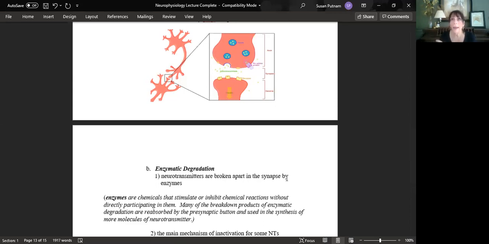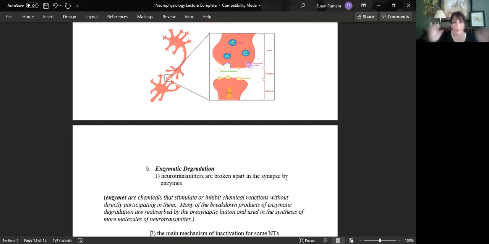So they can alter chemical reactions without directly participating in them, okay? Many of the breakdown products of enzymatic degradation are reabsorbed, again, recycling, by the presynaptic button and used in the synthesis of more molecules of neurotransmitter.